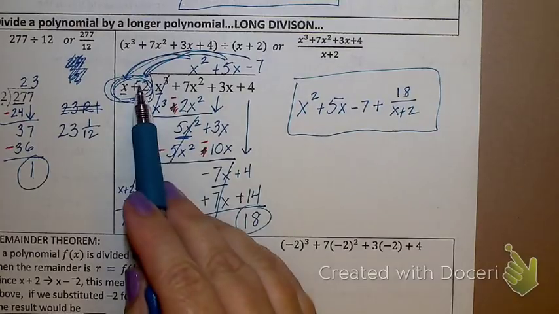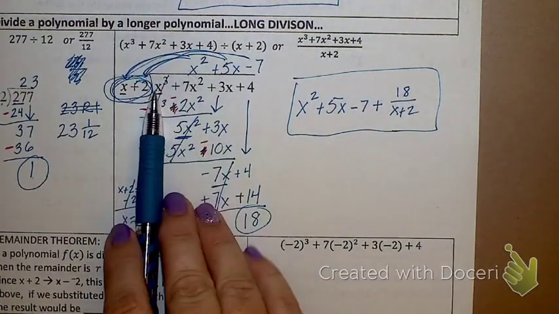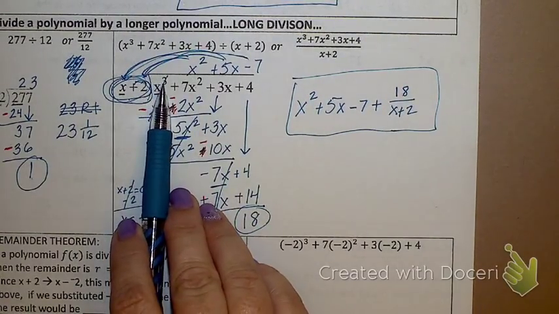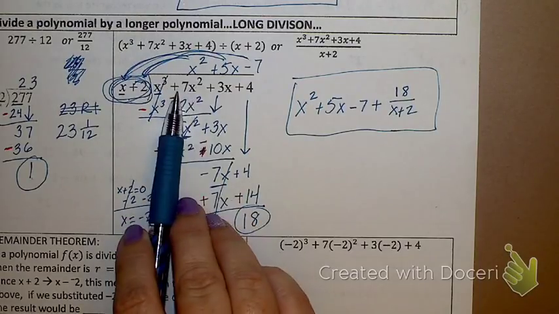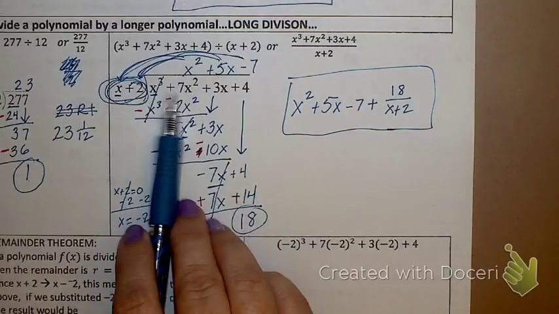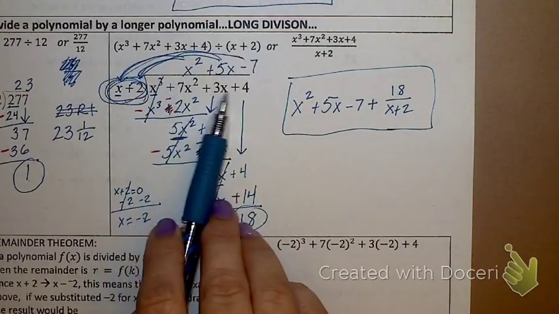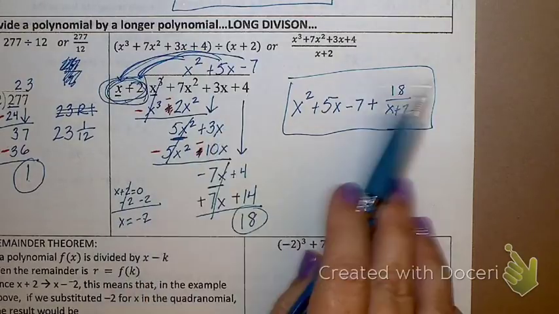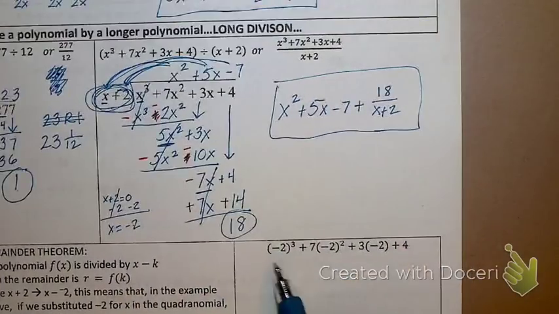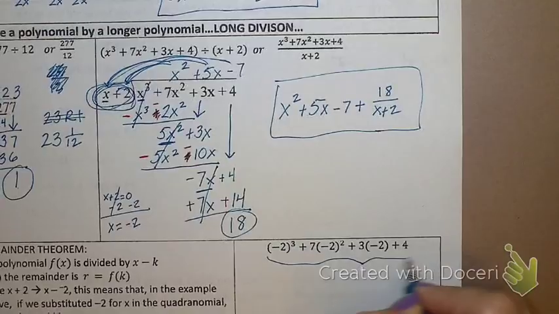So I take that negative 2 that I got there, and if I plug it in here, negative 2 to the third is negative 8. Negative 2 squared is 4, times 7 is 28, negative 8 plus 28 is 20. Minus 6 is 14, plus 4 is 18. That's what this work right here is showing.